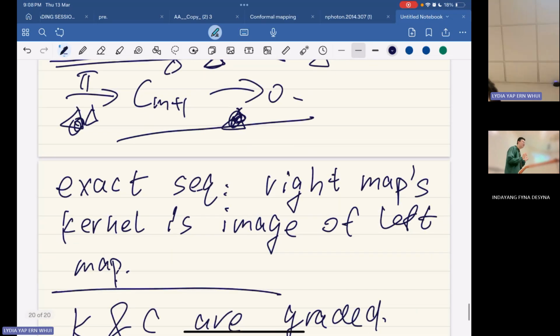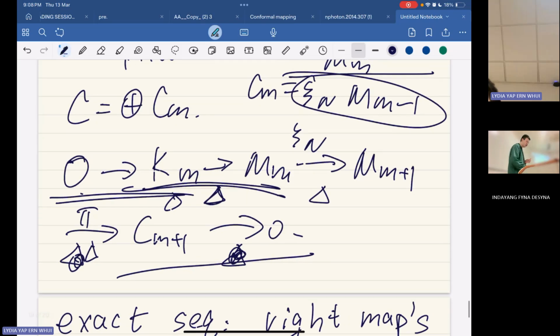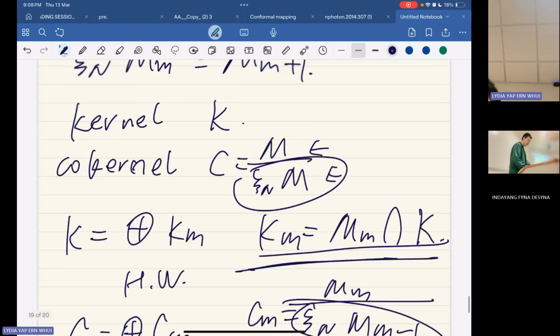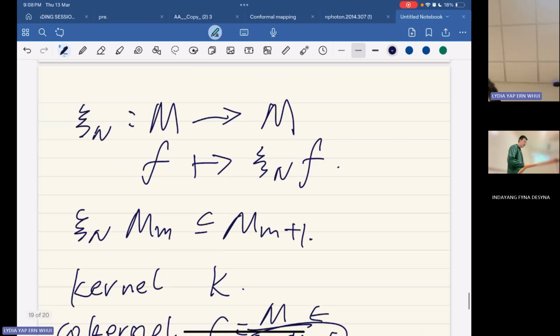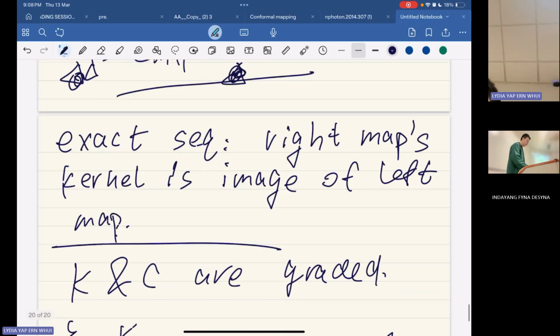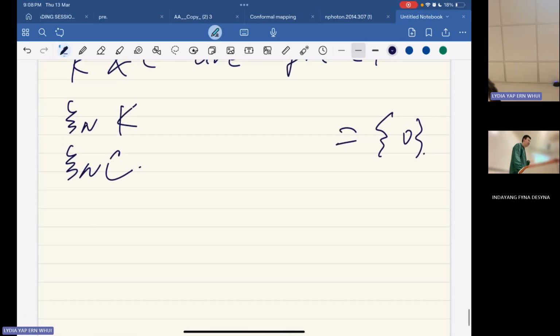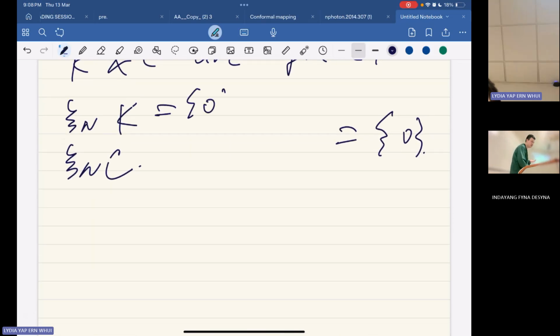Why? Because we define K as the kernel of the map x_n, and x_n sends every f to x_n f, right? So what is its kernel? Its kernel is those things that, multiplied by x_n, become 0, right? So if we act with x_n on K, it should be just 0, right?